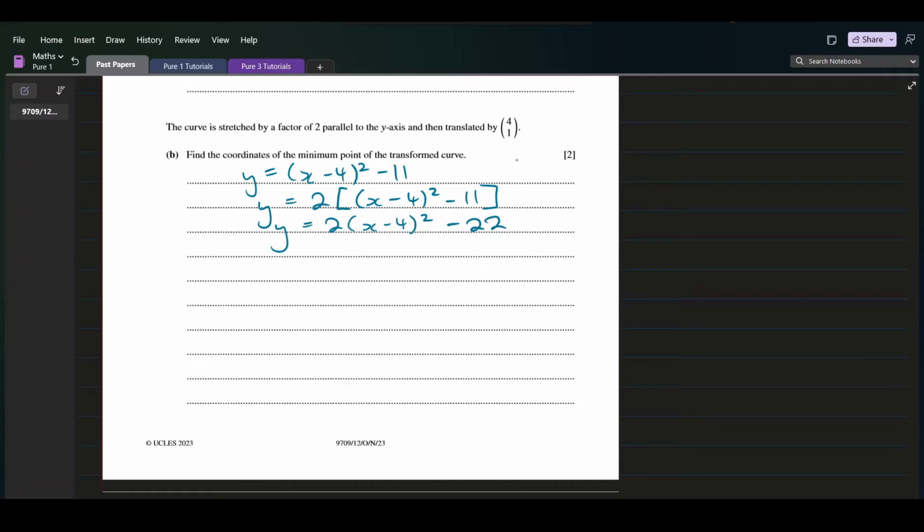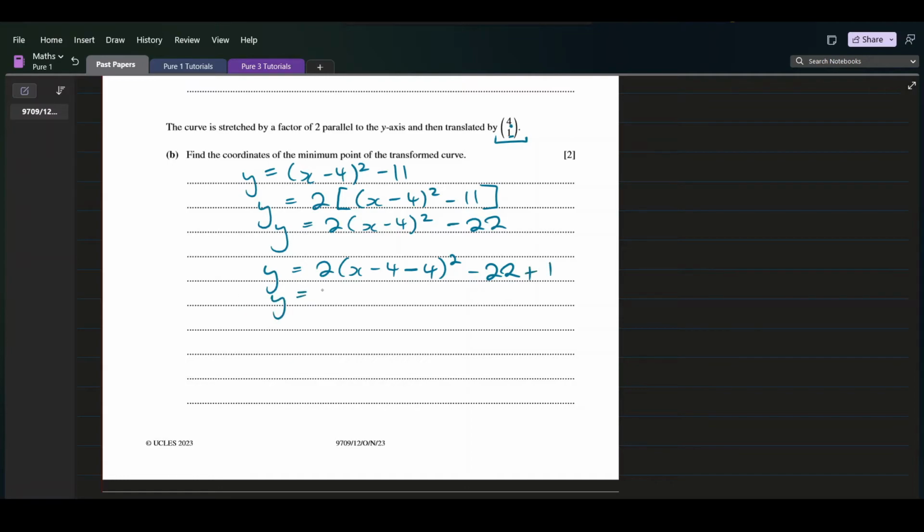The second transformation they apply is a translation by (4, 1). So that means y equals x minus 4. If we translate by 4 units in the x direction, we write it as minus 4 inside the bracket, and then minus 22. In the y direction, we take the 1 as it is, so it's just plus 1.